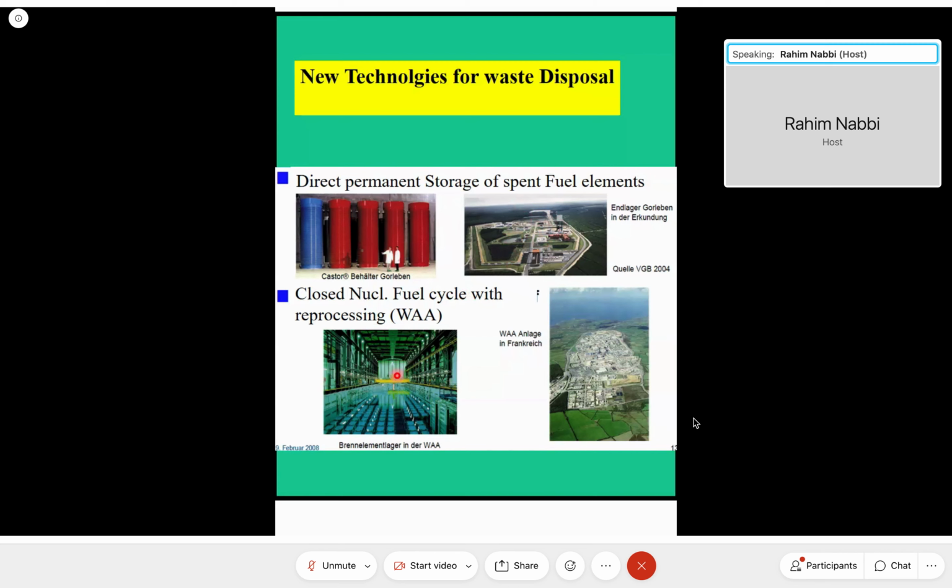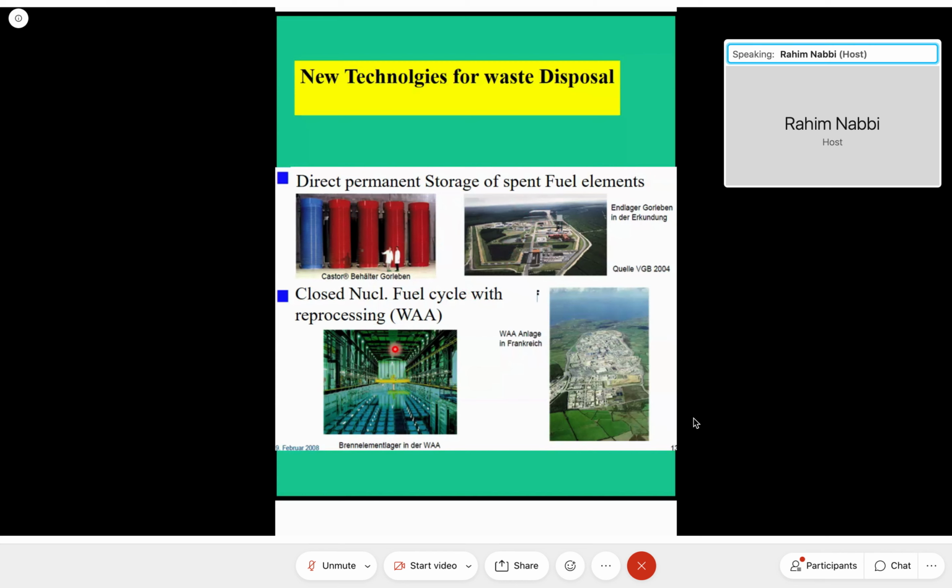Or here at the bottom left, you see a reprocessing facility. Reprocessing, because spent fuel elements coming from the reactor core partly contain unused, undepleted fuel.